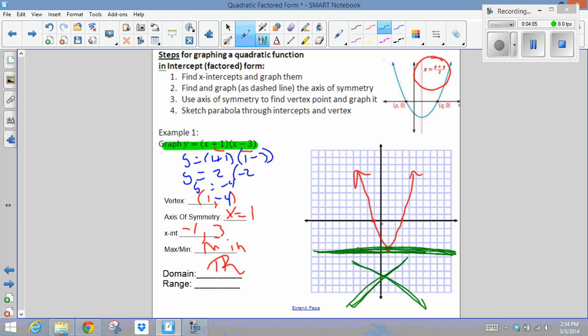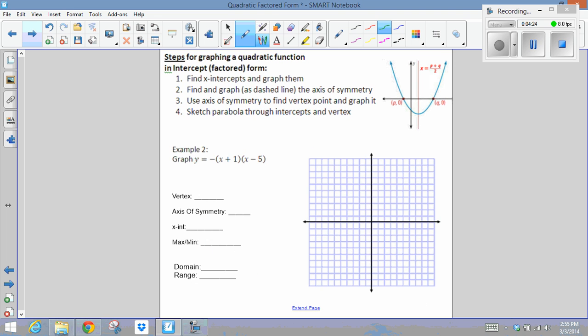The parabola is not down there, so I don't have a range down there. I only have a range going up. So y is greater than or equal to -4. And we got that -4 from that vertex value right there. So that is it. Now let's try another one.